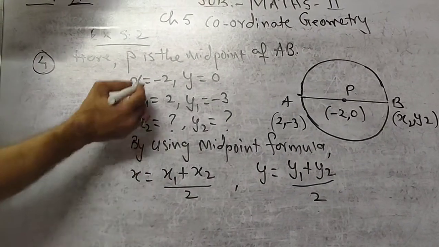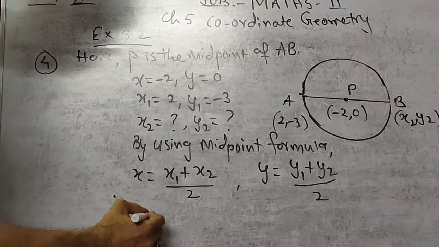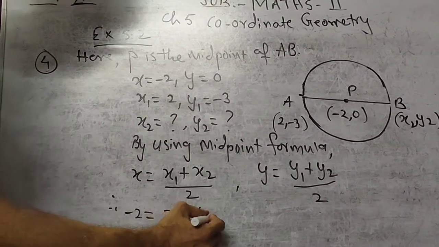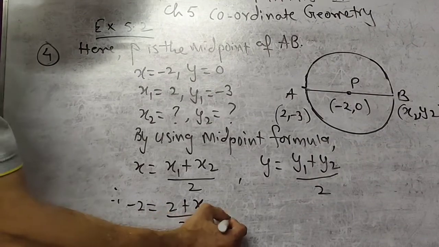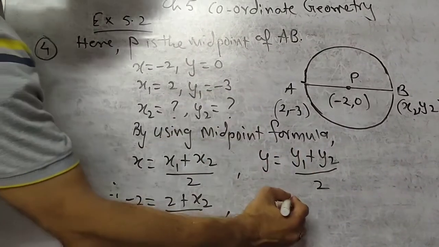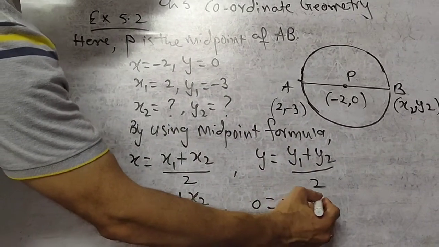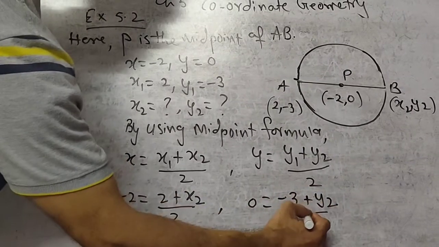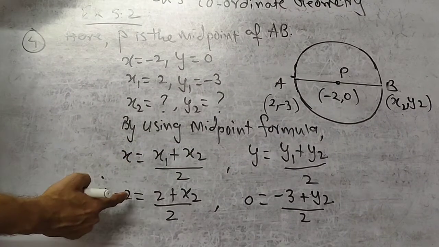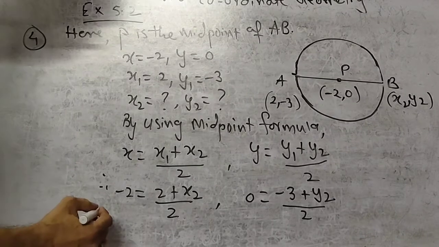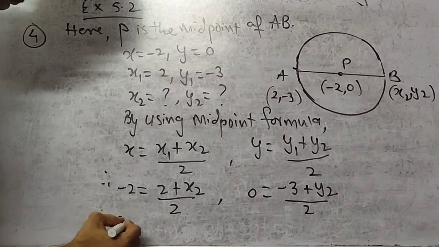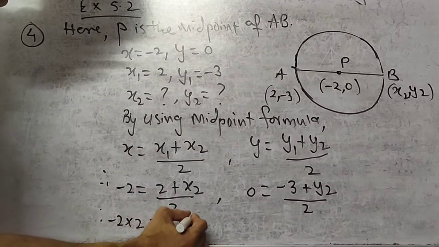Okay, x means minus 2. Minus 2 is equal to x1, x1 is 2, 2 plus x2 upon 2. Okay, y is 0. 0 is equal to y1 is minus 3 plus y2 upon 2. So x is equal to x1 plus x2 upon 2. So you want the value of x2. So now this is divided, this will come up, it will be multiplied. So minus 2 into 2 is equal to 2 plus x2.